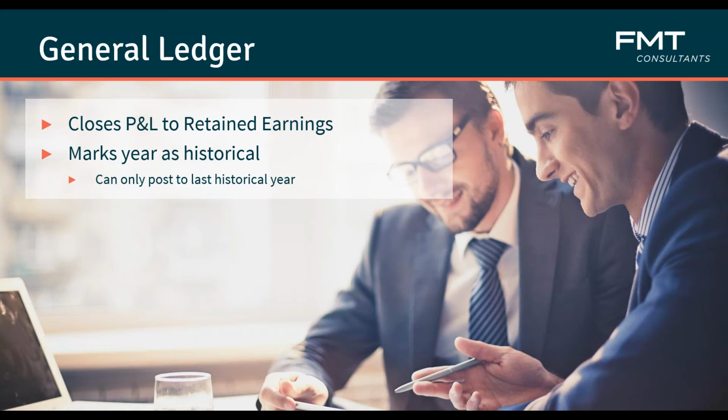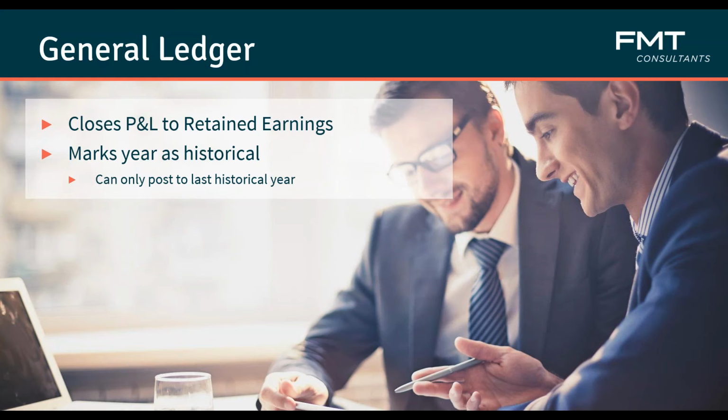So in a calendar year company, we're closing the 2015 books, but we might not have our audit and audit adjustments until sometime in March or April. You can still do the year-end close process and then book the audit adjustments back to 2015. The only thing you cannot do is book journal entries back to 2014. It only goes back one historical year.